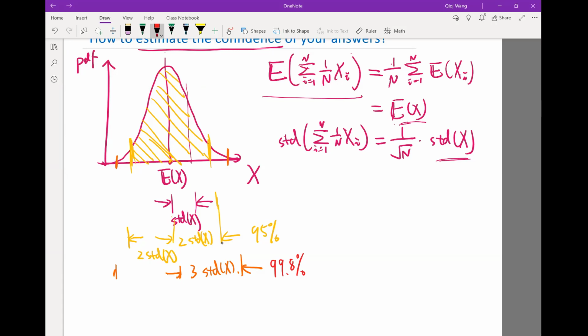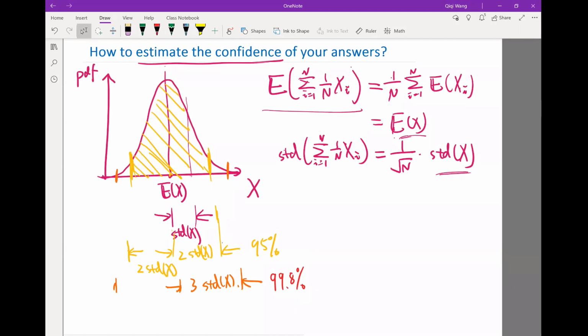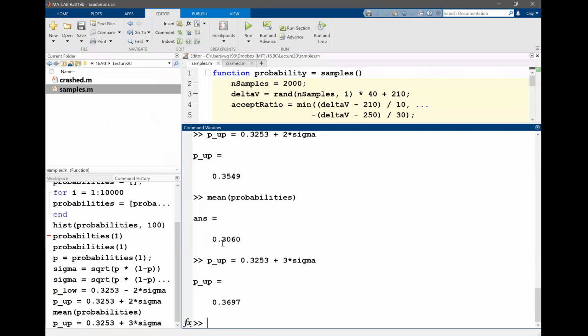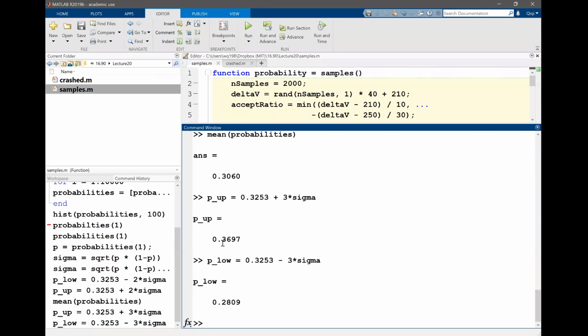right? And we are going to discuss a little bit later on how close the actual distribution is to the Gaussian distribution. But if I use a 3 sigma confidence, my P up is going to be 36%, and my P low is going to be 28%.